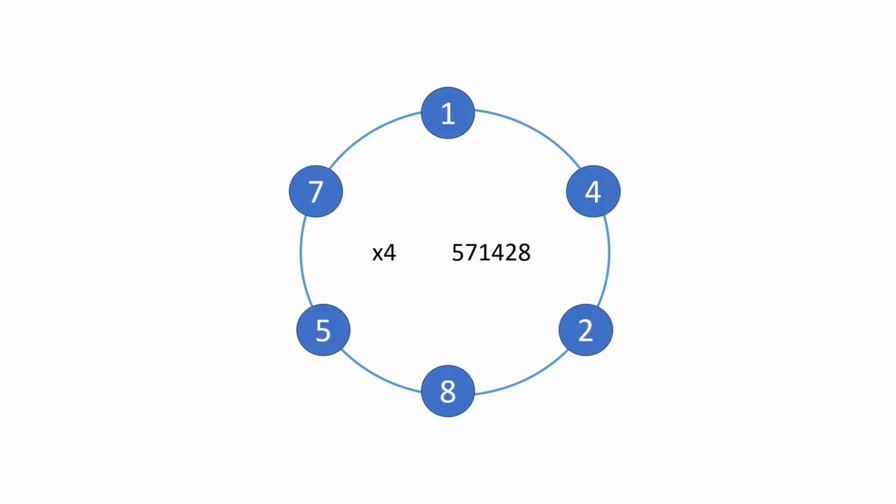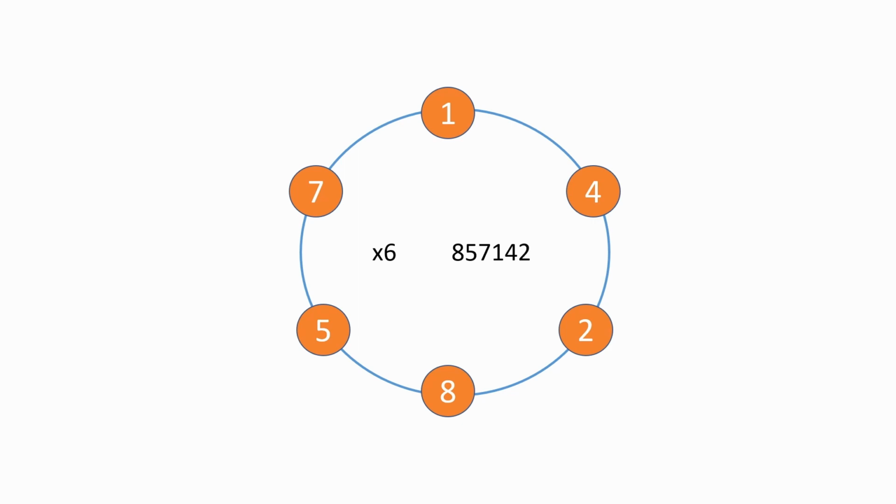And the fourth number starts here and goes. Fifth number starts here and it goes. Sixth number starts here and it goes. That is, all the numbers are having the same digits and they go in a cyclic manner. That is why this is called a cyclic number.